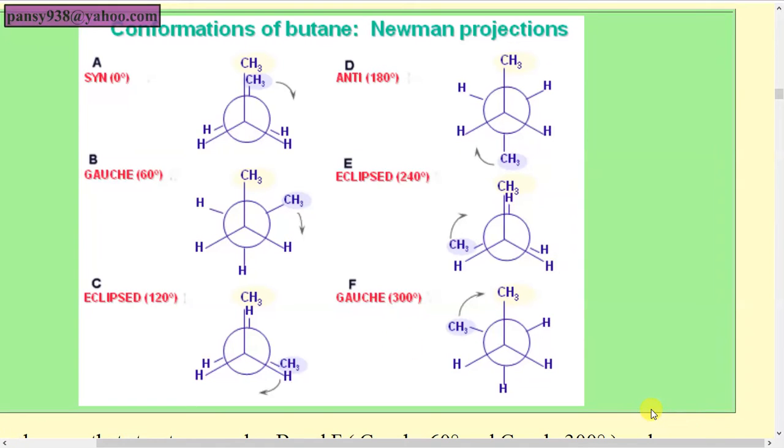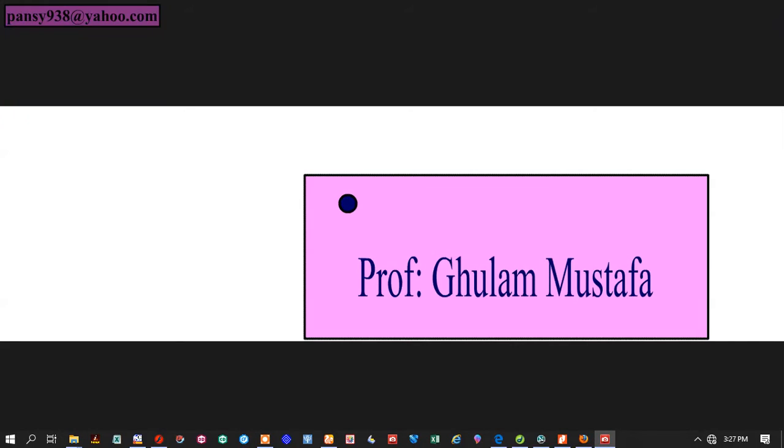We have studied these in our previous sessions. The double bond actually restricts the movement of the molecule or the bond.